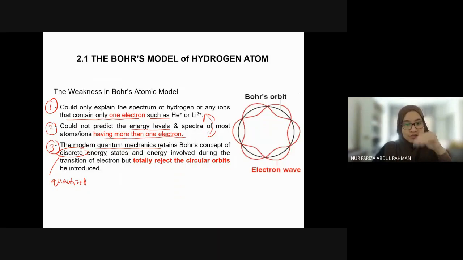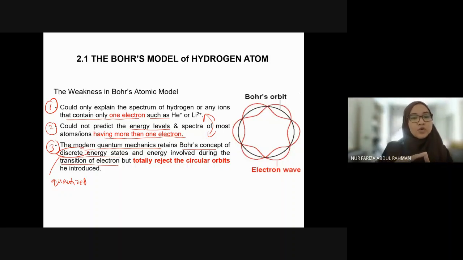Okay, so as of now, we still retain the Bohr's concept of discrete energy, that energy involved during the transition of electron. So we still retain that the energy is quantized, and also during the transition of electron, it emits energy. Okay, it emits energy.